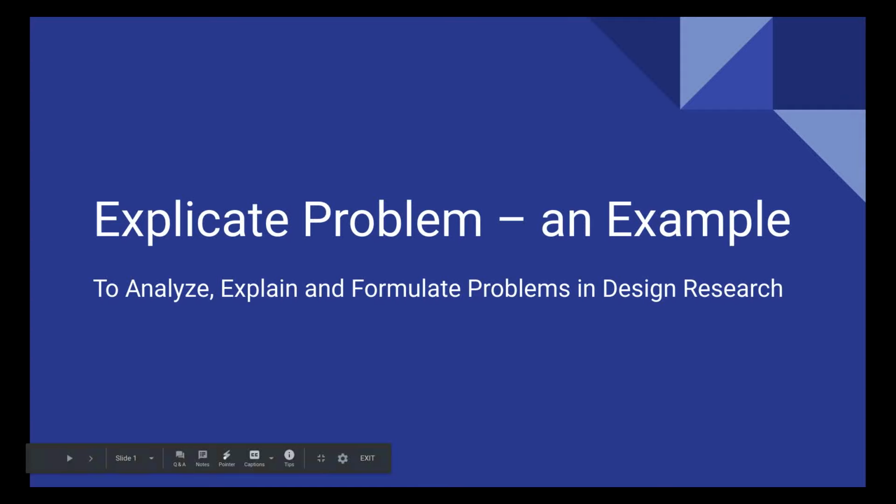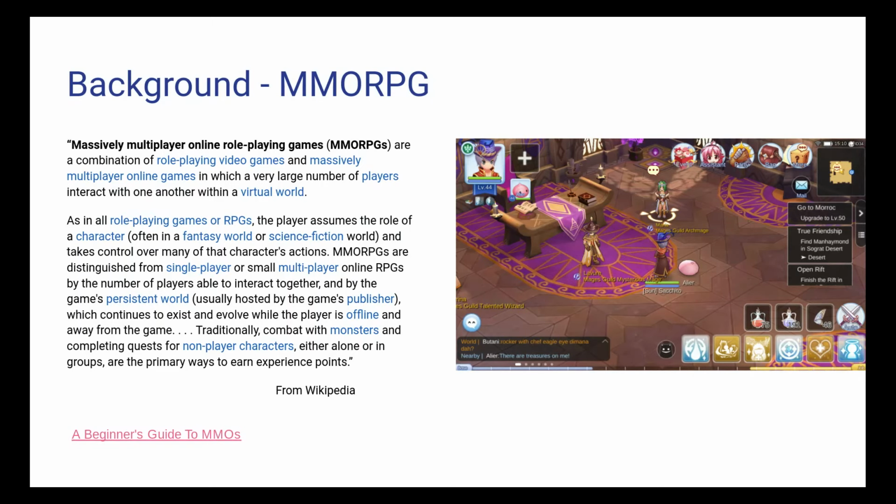This presentation will introduce a concrete case of problem explication based on a computer game example. The context here is MMORPGs, massively multiplayer online role-playing games, in which lots of people play together and interact with each other in some virtual world, typically a fantasy world or a science fiction world.